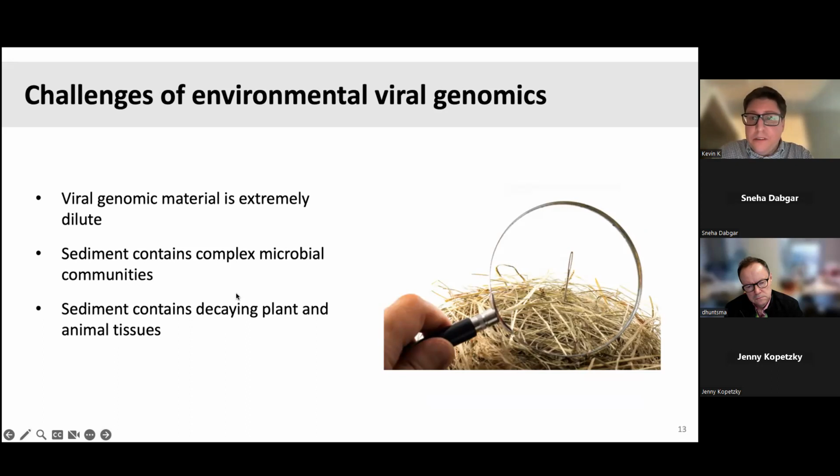So the first challenge is that the target genomic material is extremely dilute in these specimens. The sediment contains huge, complex microbial communities, and it's also largely composed of decaying tissues from plants and animals, which have comparatively enormous genomes. So this makes environmental genomic surveillance basically like looking for needles in a haystack.